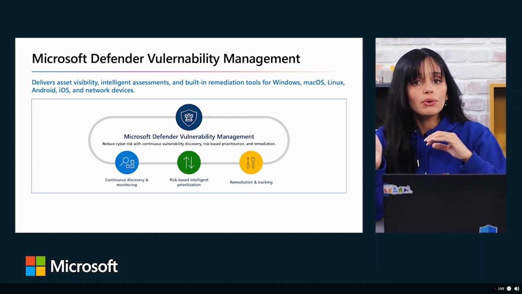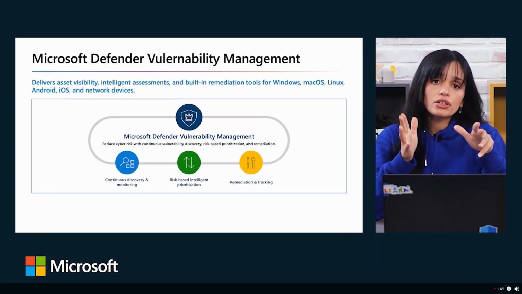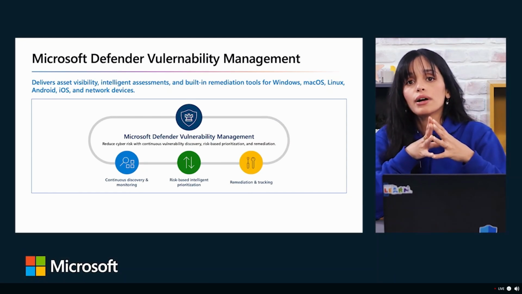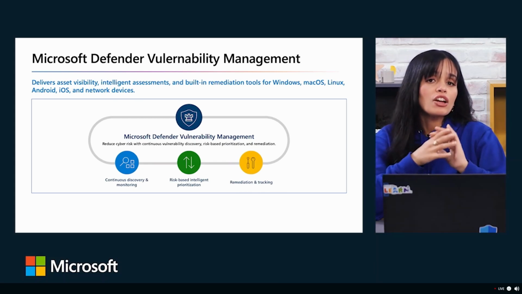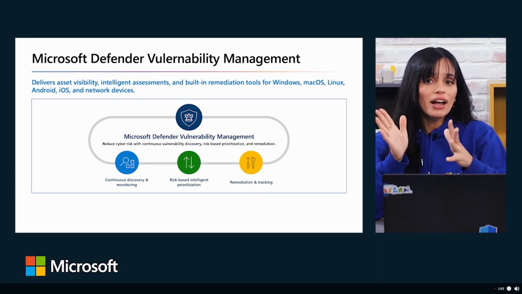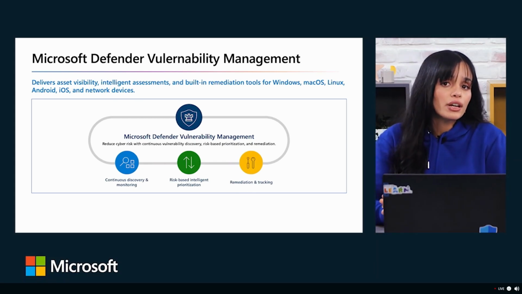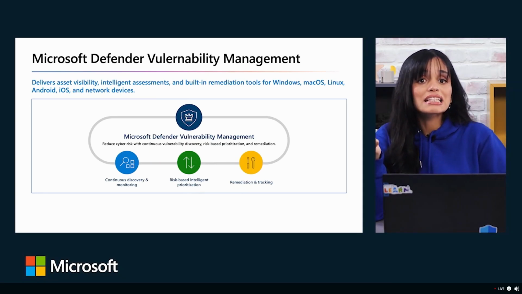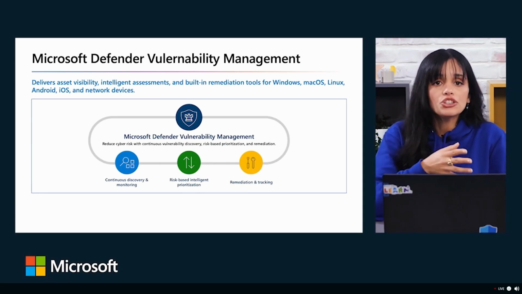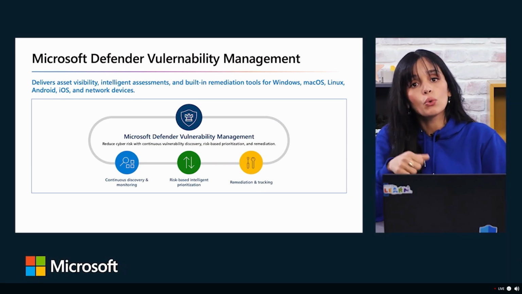It also pinpoints active breaches and protects high-value assets. Finally, remediation and tracking. Remediation and tracking enable security administrators and IT administrators to collaborate and seamlessly remediate issues with built-in workflows.